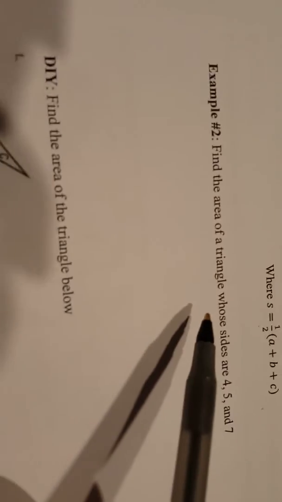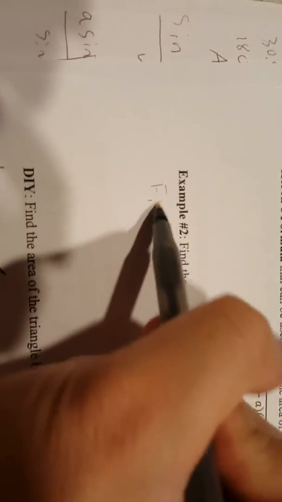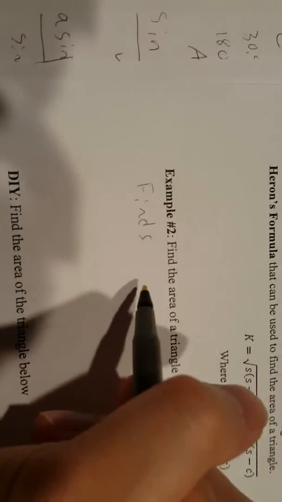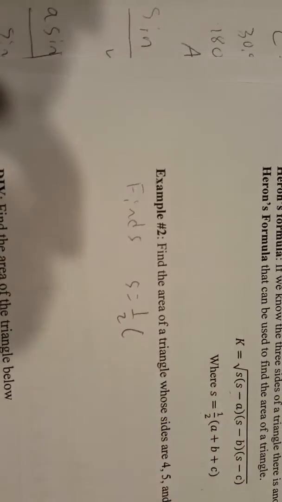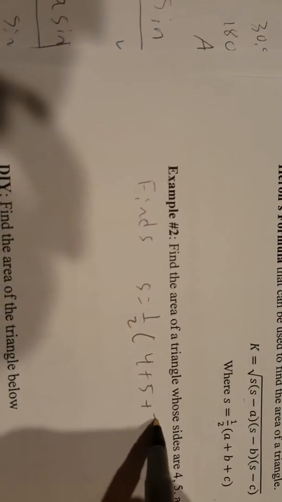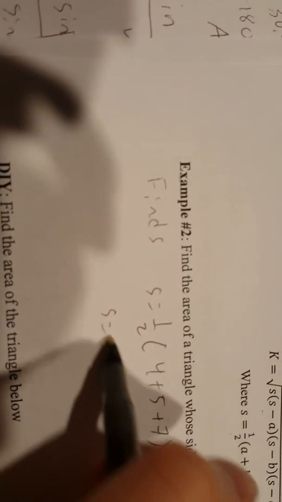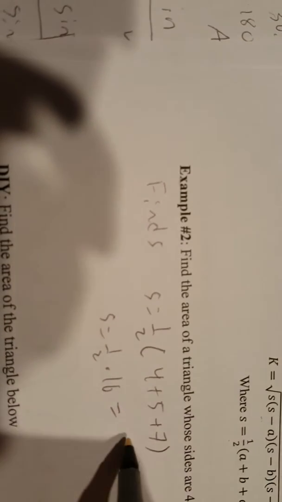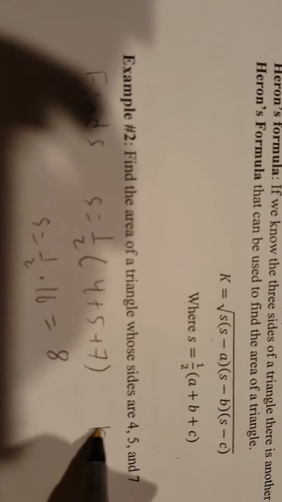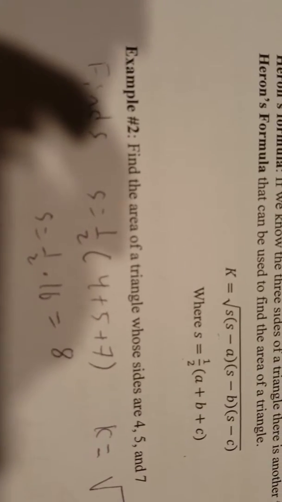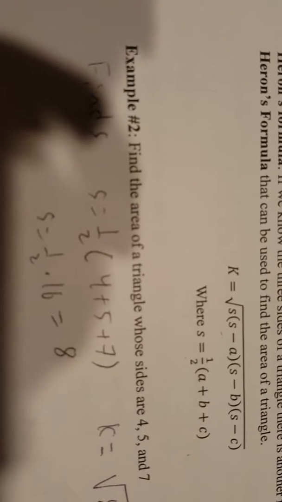So the first step is to find s. And so s is equal to 1/2 4 plus 5 plus 7. So 4 plus 5 plus 7 is 16. So s is equal to 8. And so if we use that formula, k is equal to the square root of 8 times 8 minus 4, 8 minus 5, 8 minus 7.